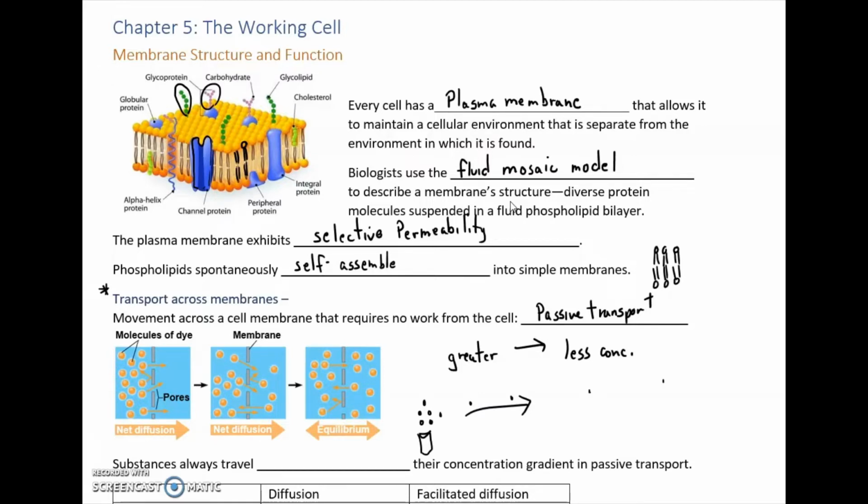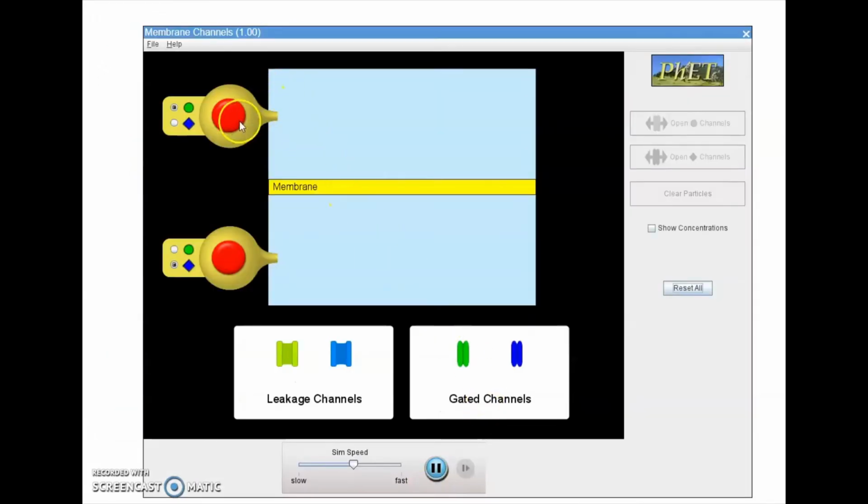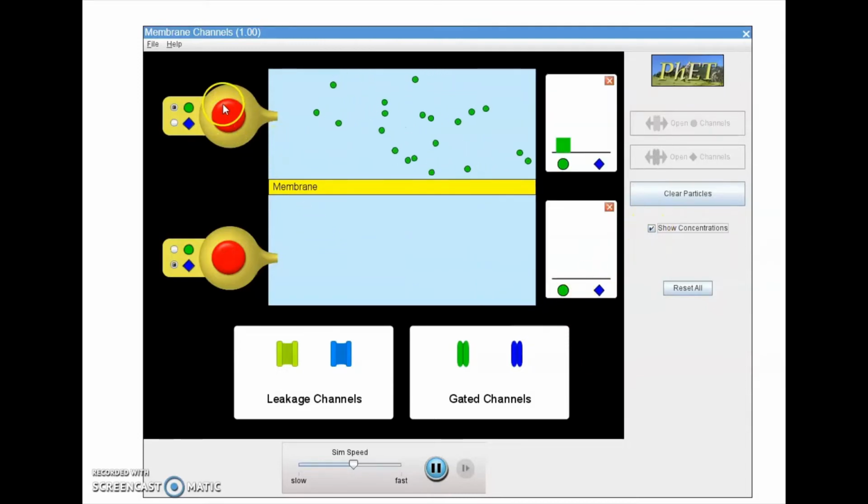So let's look at diffusion in action. Here we've got green molecules. We want to show concentrations. That green bar shows how many of the little green molecules are on the top. And we have a membrane in between.